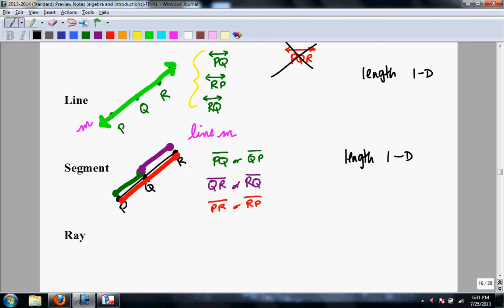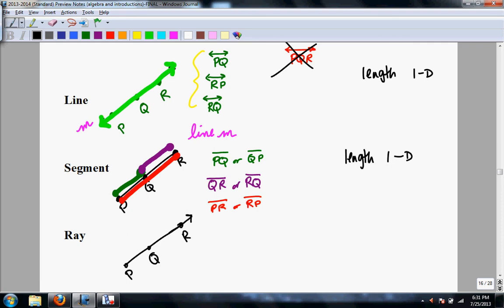Now a segment is a piece of a line. A ray is also a piece of a line. Let's draw the same example here. If you're left-handed, you can tilt this the other way. So I have PQR, but I'm going to extend. A ray is basically a portion of a line going one direction only. So notice I only have one arrow. Now to name this ray, I can use multiple portions.